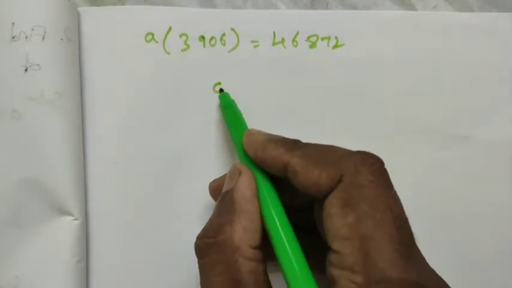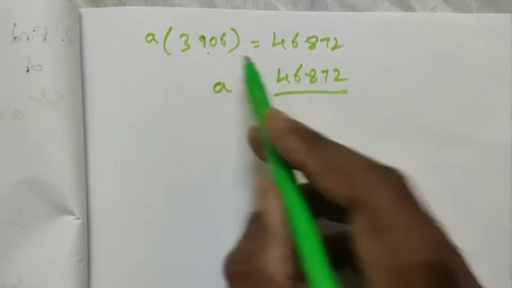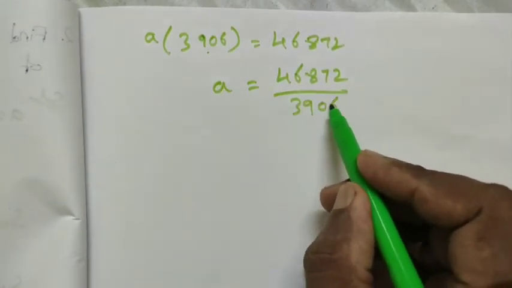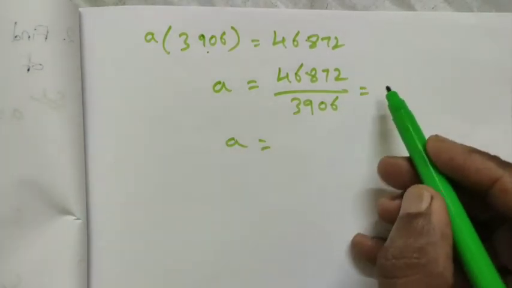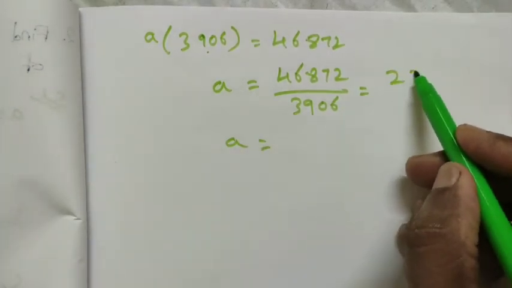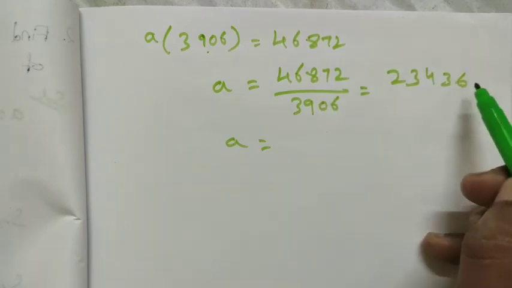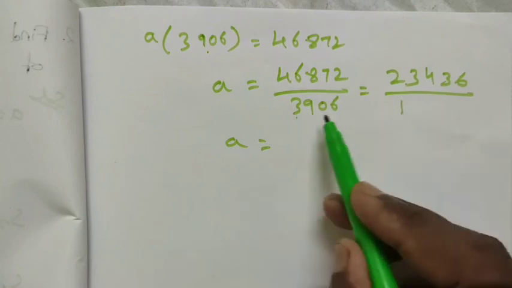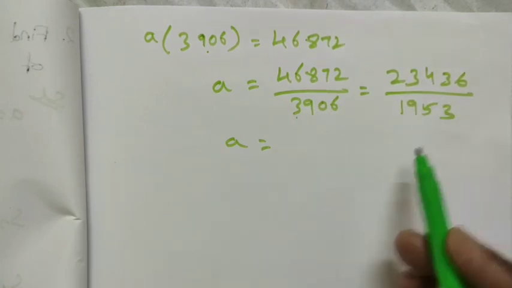Then we want to find the A value. A is 46872 divided by 3906. When you divide this by 2, we get 23436 over 1953.